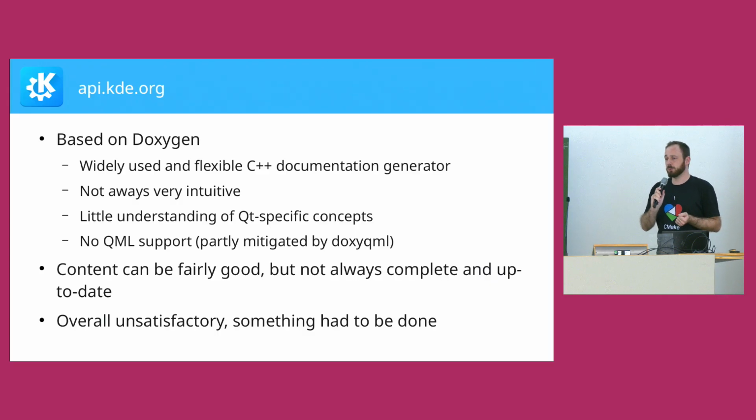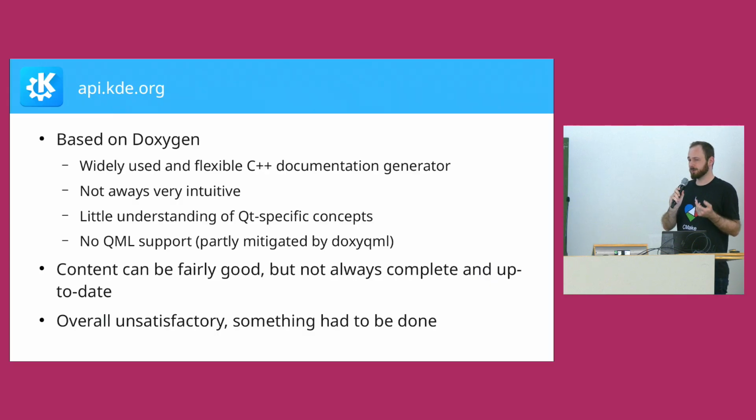A while ago, we came up with a sort of glorious hack for that, which is called DoxyQML. What this does is, you write QML code, you write Doxygen-style documentation comments for that. We feed that into DoxyQML, which turns that into C++-ish code that Doxygen can parse.